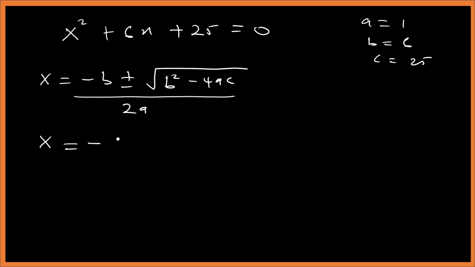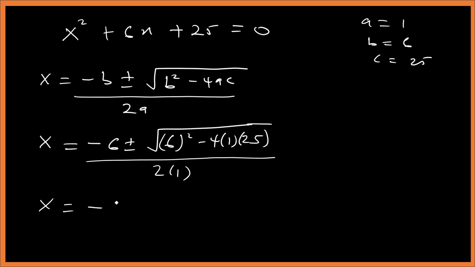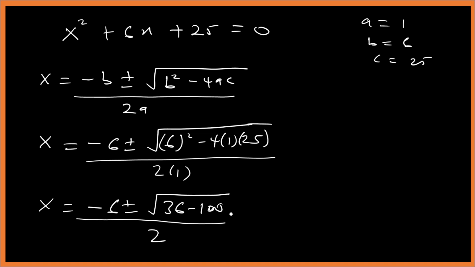So we have minus 6 plus or minus square root of 6 squared minus 4 times 1 times 25, over 2 times 1. So we have 36 minus 100, on 2.